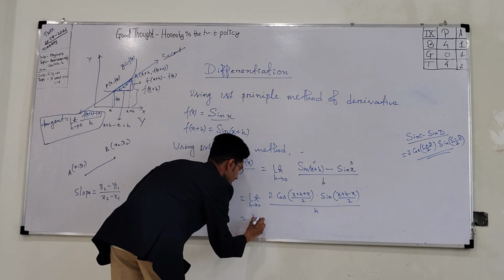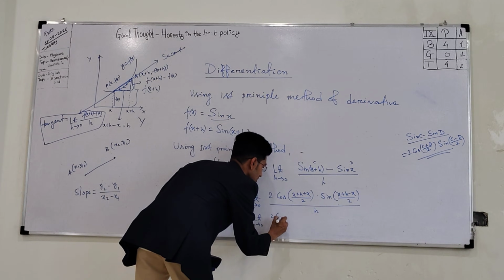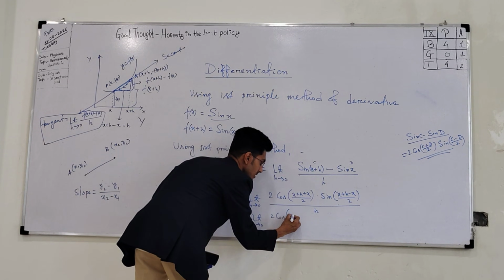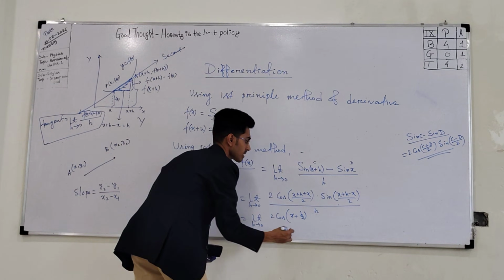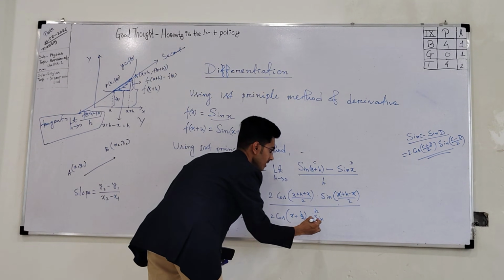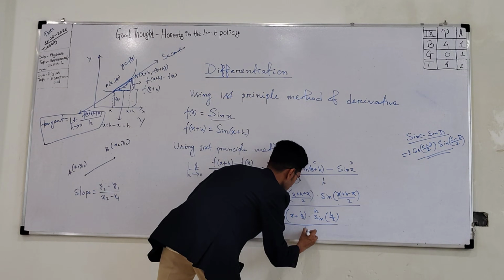The next line is limit h tends to 0, 2 cos of 2x plus h by 2, that is x plus h by 2, into sin of h by 2, since x minus x cancels out, divided by h.